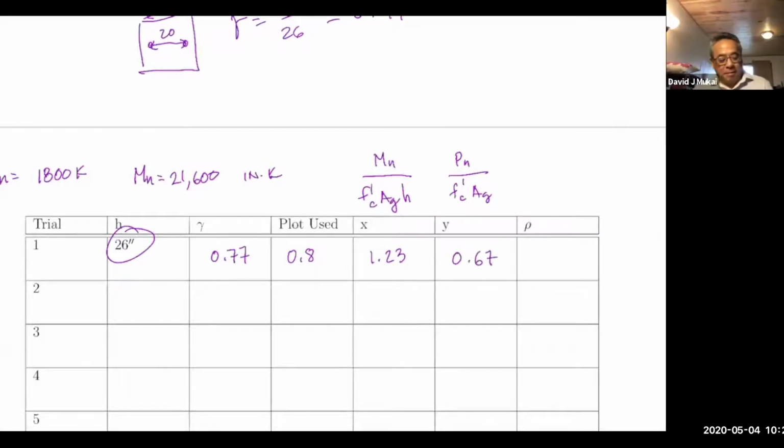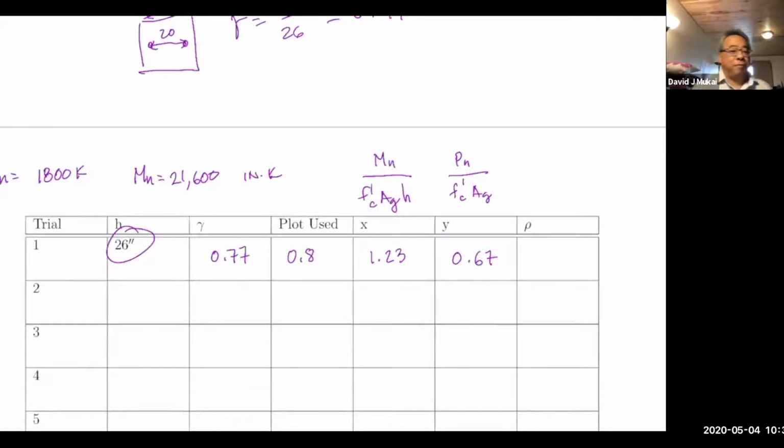Let me make sure I didn't mess that up. 1,800 divided by 4 KSI divided by 26 squared. 0.67. I better double check the M. I think I forgot the 4 KSI. 21,600 divided by 4 divided by 26 squared divided by 26.